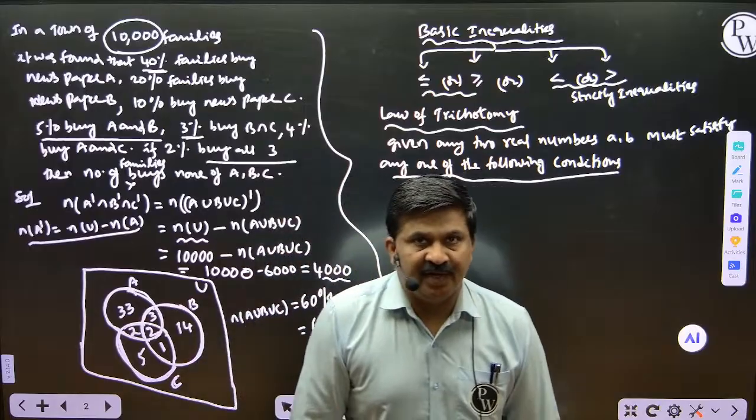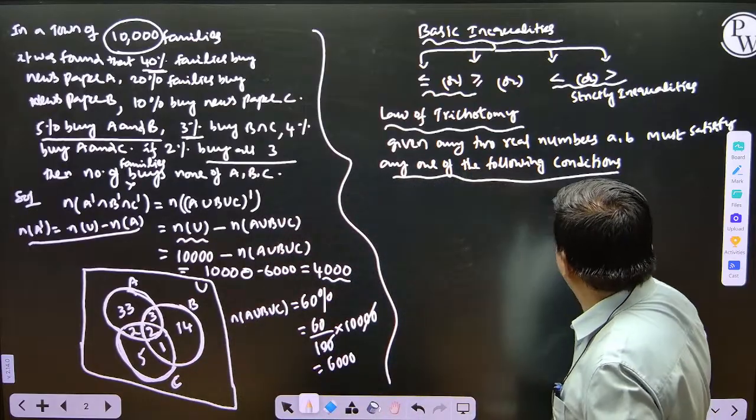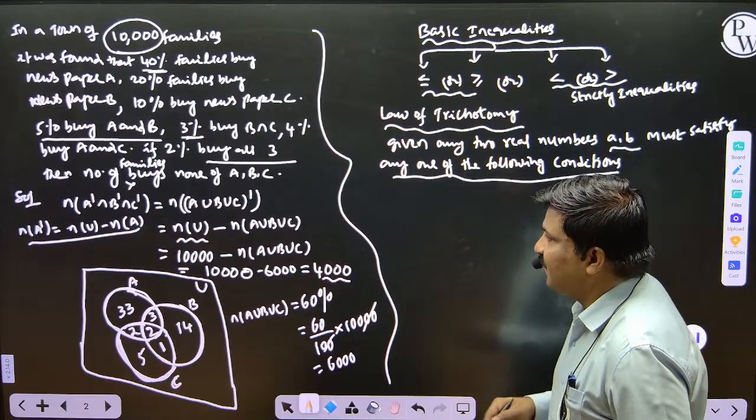Given any two real numbers, they must satisfy any one of the following conditions.